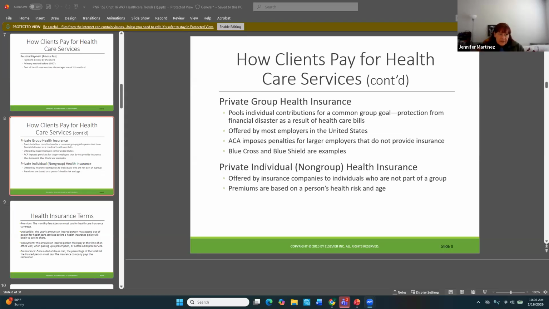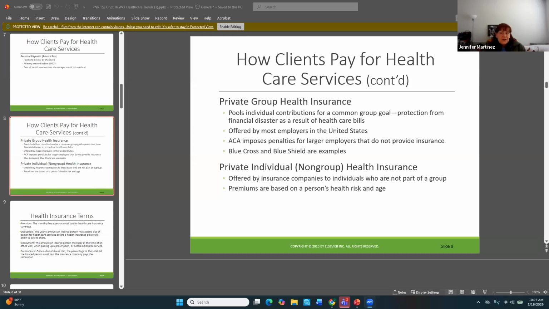So we have private health insurance. Private health insurance pools individual contributions for a common group goal. It's offered by most employers in the United States.